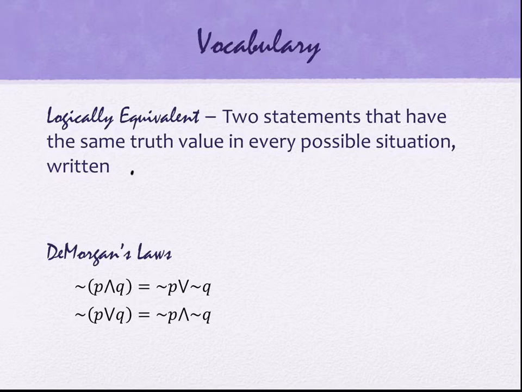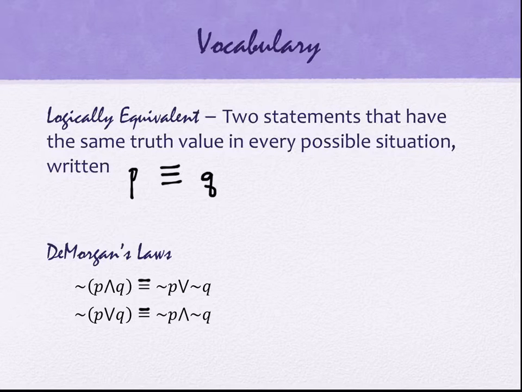The way that we write them, let's say the statements themselves were P and Q, is with 3 lines between them, kind of like a triple equality. De Morgan's law is down here. This is one of those things that I don't have written in right because my computer didn't have the symbol I wanted.